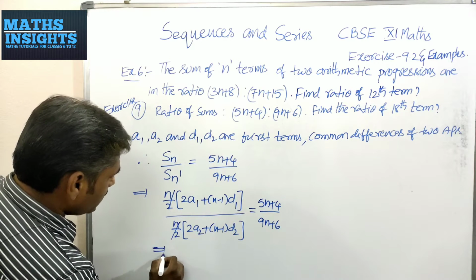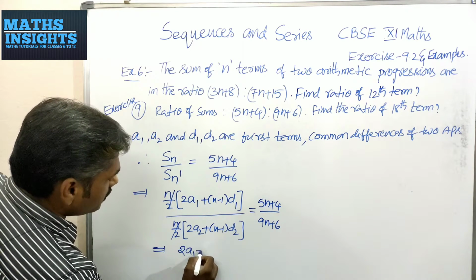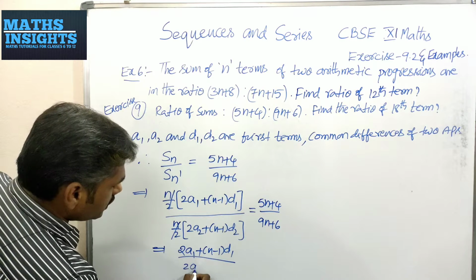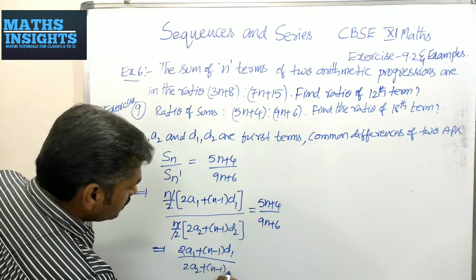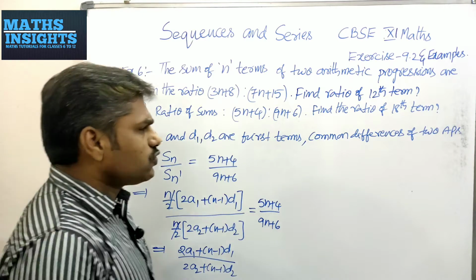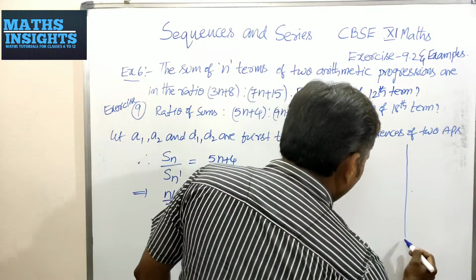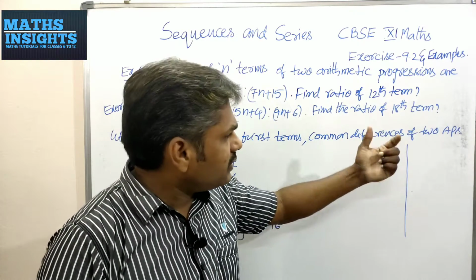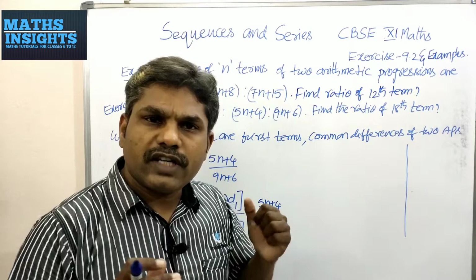Then what is remaining? You will have (2a1 + (n - 1)d1)/(2a2 + (n - 1)d2). Coming to a small discussion: what they are asking is the ratio of the 18th terms of the two arithmetic progressions.